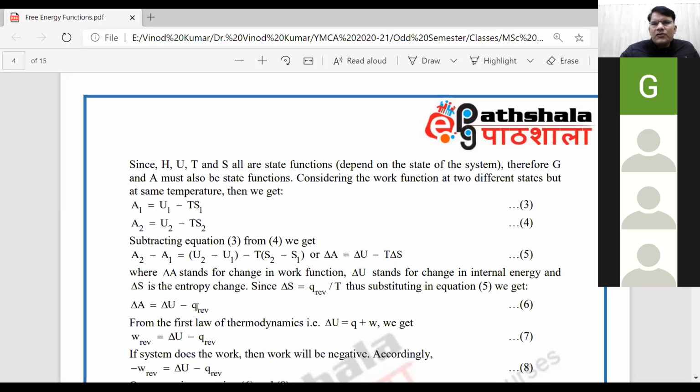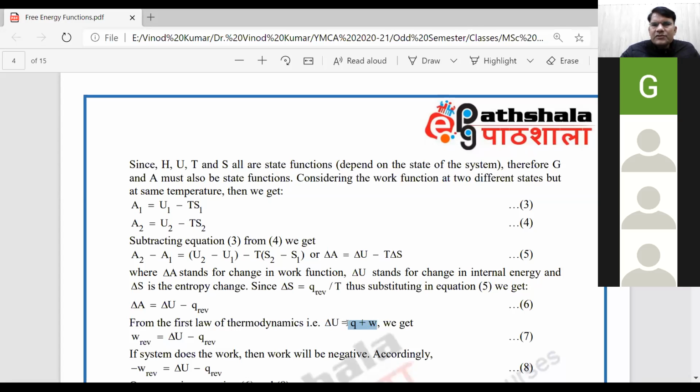So the conversion of 5 to 6 is quite simple. Simply we have substituted the value of T delta S. Now from the first law of thermodynamics, the change in internal energy delta U of a system is equal to the amount of heat given to the system plus the amount of work done on the system. If work is done on the system, then W will be positive. If work is done by the system, then work will be taken as negative. So delta U is always equal to Q plus W, the mathematical form of the first law of thermodynamics.